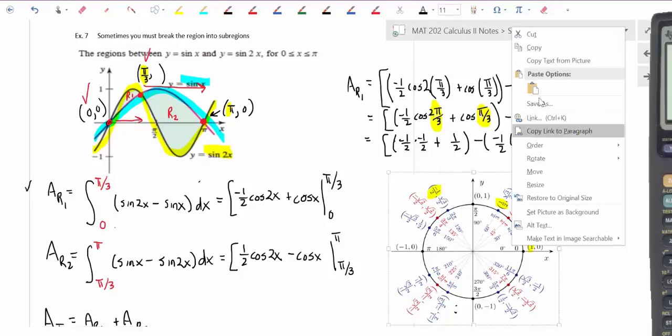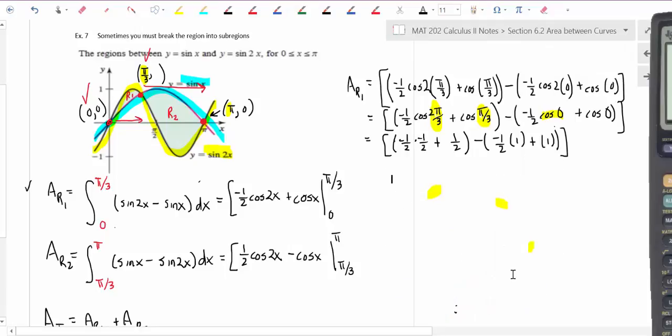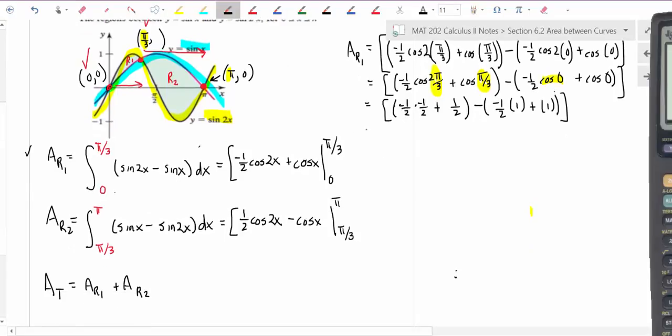I'm going to cut out the unit circle, and then go ahead and work this out. So this is going to be 1/4 plus a half minus negative 1/2 plus 1. I'm just going to have 1/4 plus a half minus 1, distributing the negative through the parentheses.